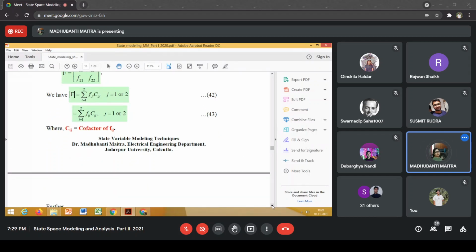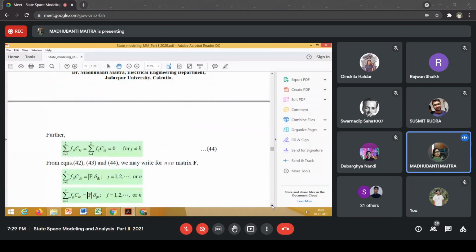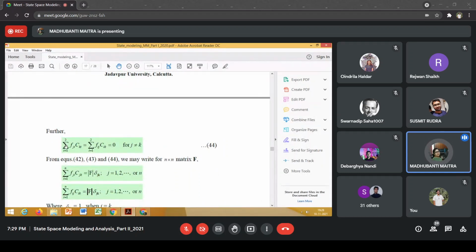Now further, if we consider this summation where i is varying from 1 to 2, actually 2 by 2 matrix, again assuming two values 1 and 2, Fji multiplied by Cki, where Cki is the cofactor, or it can be written as summation i equal to 1 and 2 Fij Cik will be 0 if j is not equal to k.